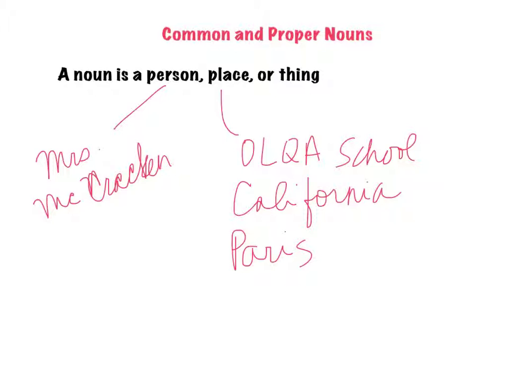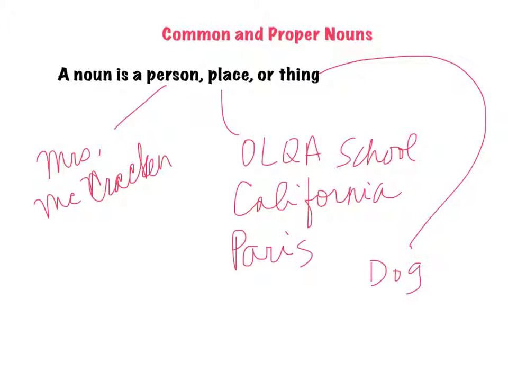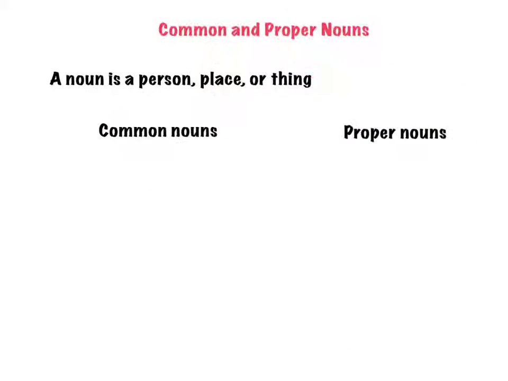Okay, so that would be some examples of a place. And a thing could be anything, like a dog, or a cupcake, or a swimming pool, anything like that.